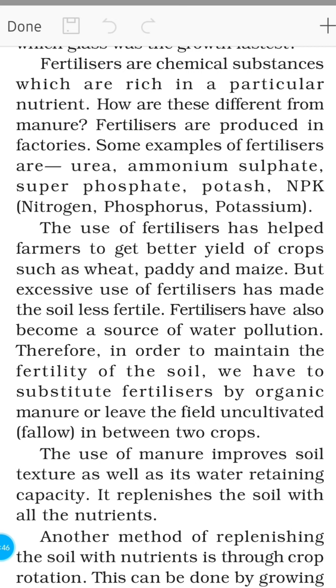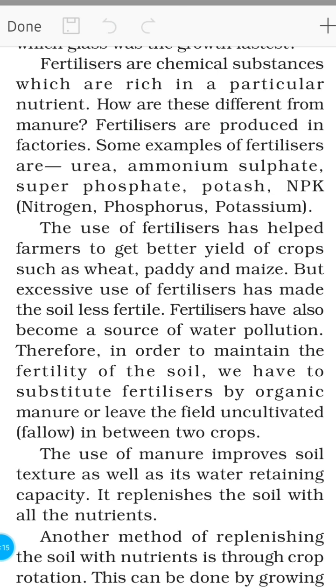But excessive use of fertilizers has made the soil less fertile. Fertilizers have also become a source of water pollution. So when we use fertilizers, the soil becomes dependent on the fertilizer, so it loses its own fertility. Also, it is a cause of water pollution.